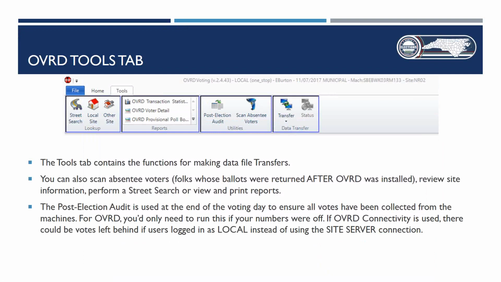It's going to default to local, so they'll have to click that drop down and hit site server. If they log in as local, it's not the end of the world. They can still vote people, but then you'll have to do an extra transfer at the end because it won't have sent all that information to the server machine.